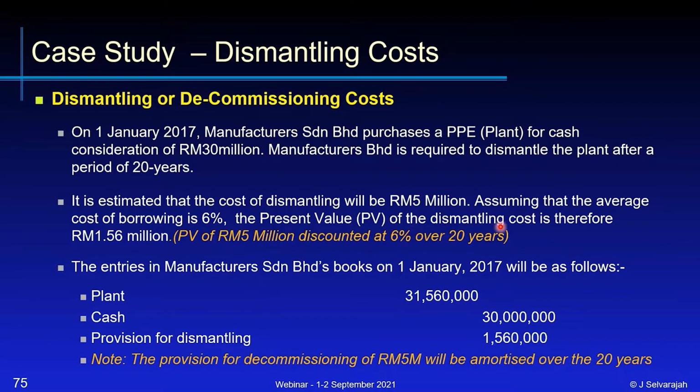The present value of the dismantling cost, which is the 5 million, discounted at 6% per annum over 20 years, is therefore 1.56, rounded up figure. Present value of 5 million discounted at 6% over 20 years is 1.56 million. You can use the Excel spreadsheet and use the present value formula.